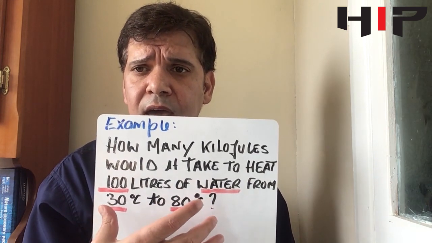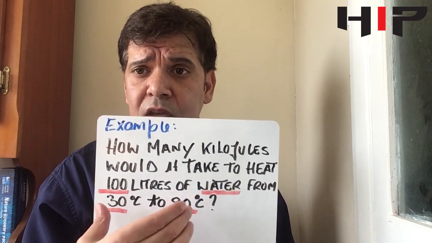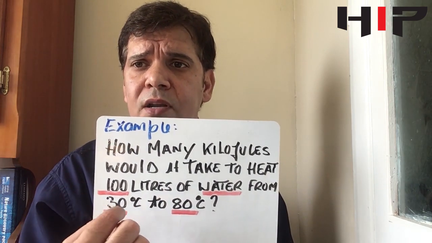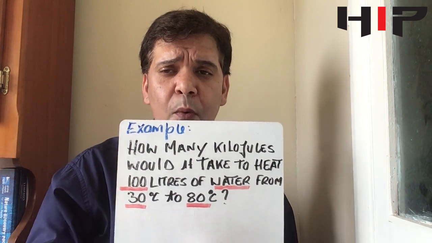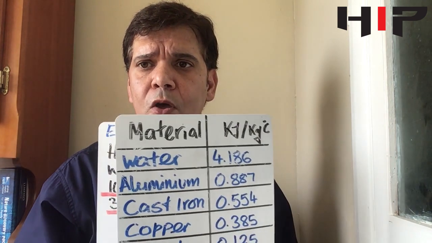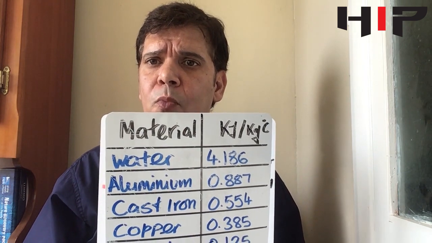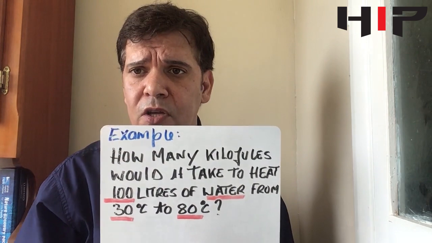Don't forget, we need the temperature difference, so we take the difference between both temperatures. We have 100 liters of water, and water is the material. If we go back to our previous table, the specific heat capacity of water is 4.186, and that will stay the same. It's not going to change.